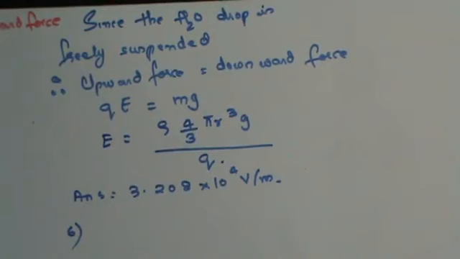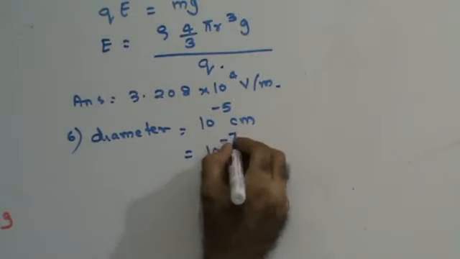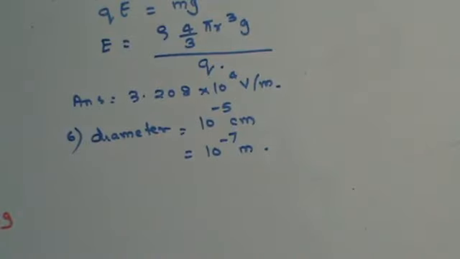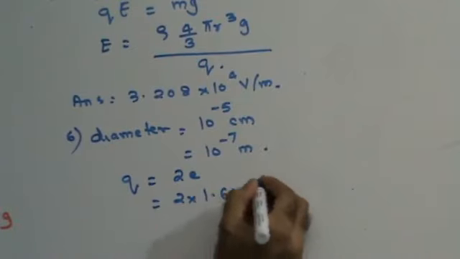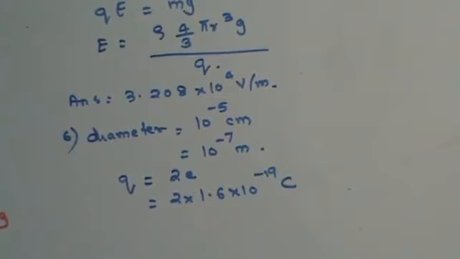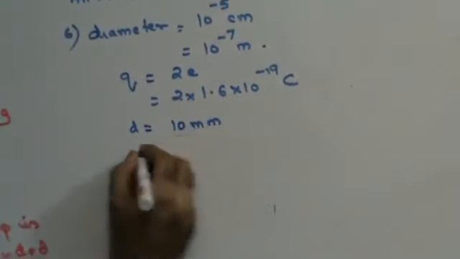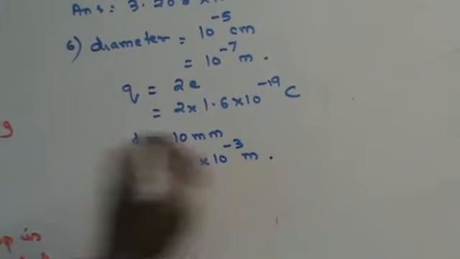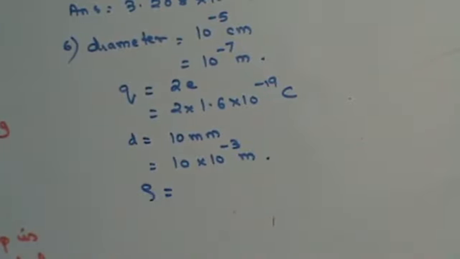An oil drop of diameter 10 to the power of minus 5 centimeters carries a charge of 2 electrons, and is suspended between plates 10 millimeters apart.